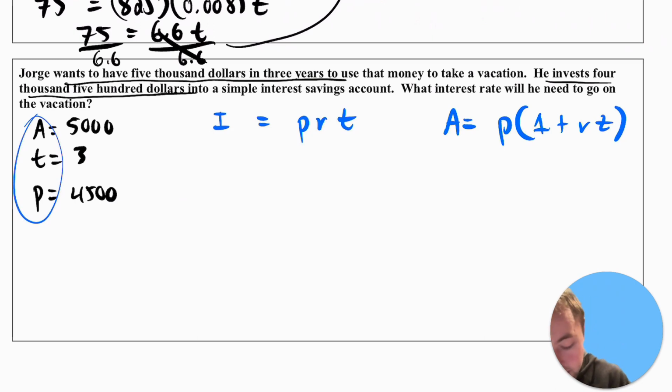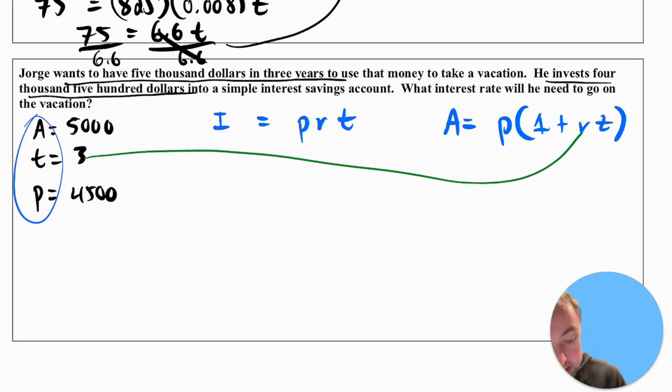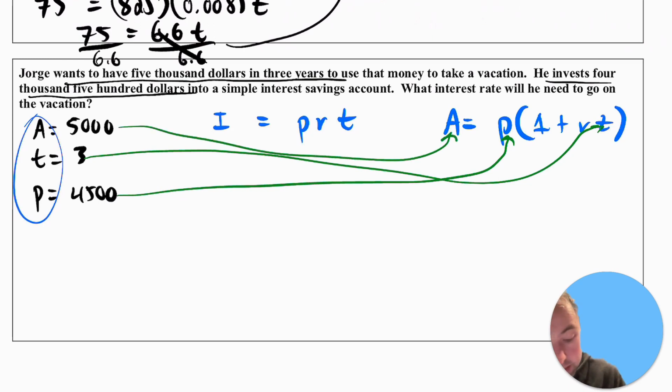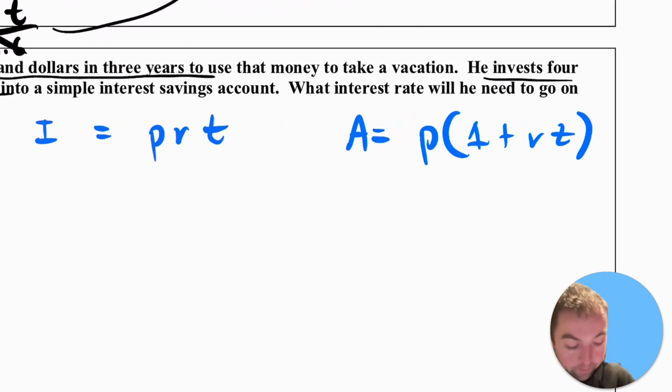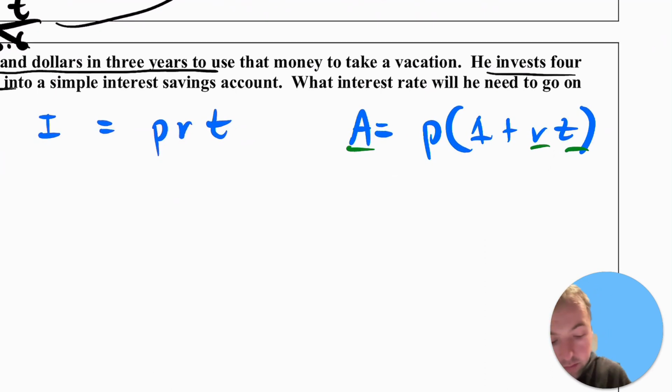If you plug in the time, the principal, and the amount, you have 3 knowns. We know the principal, the amount, and the time, so we can solve for the rate.